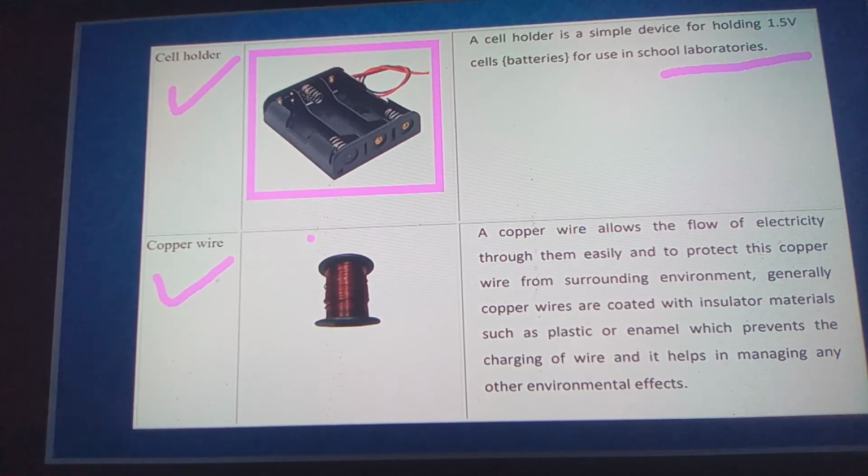Copper wire. A copper wire allows the flow of electricity through it easily.